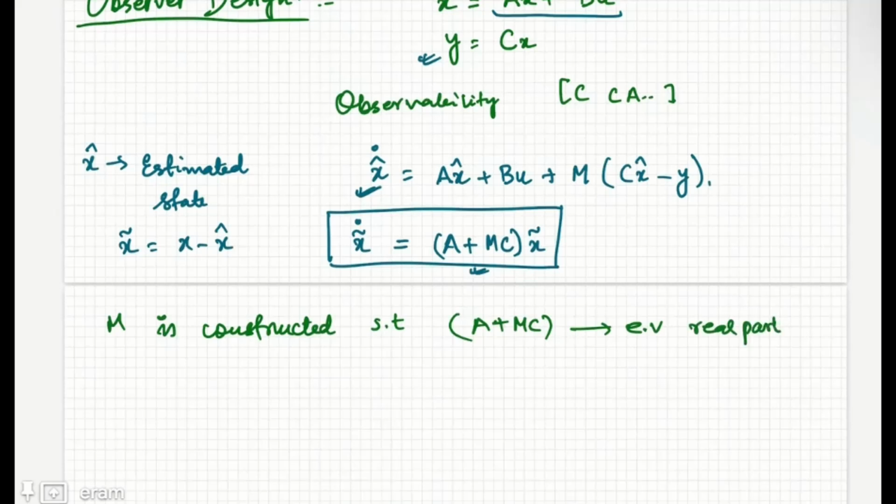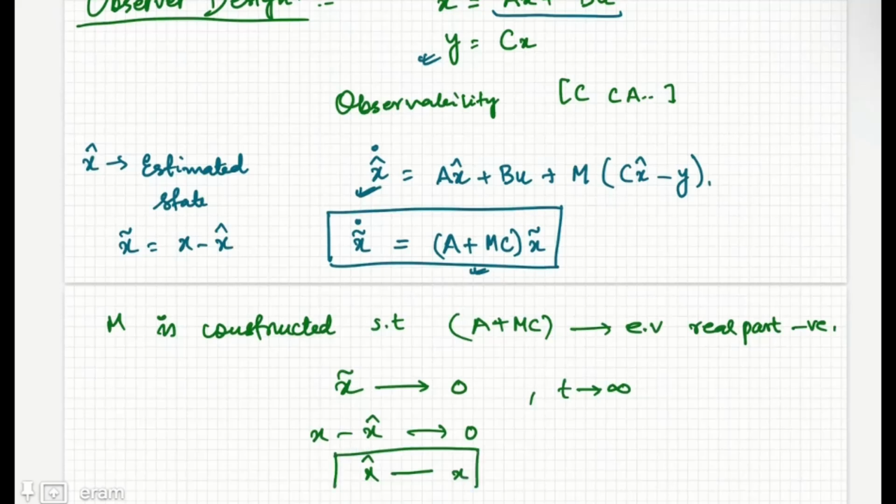Then x minus x hat will converge to 0, obviously as t tends to infinity. So that means x hat will converge to x. So our estimated state will converge to the true state x.